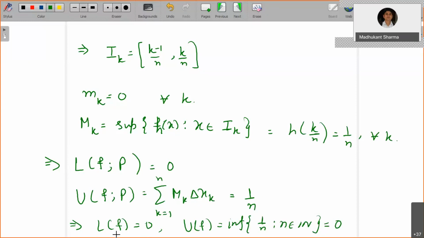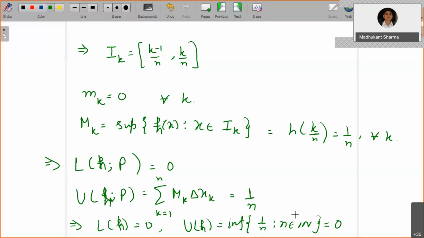So this shows that L of f is equal to U of f, and hence this implies that f is Riemann integrable, but instead of f we have the h here. Okay, so we can just rewrite the notations here.